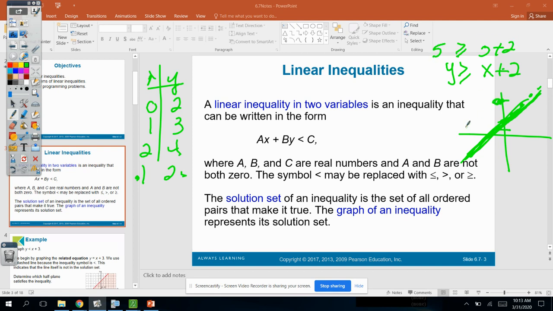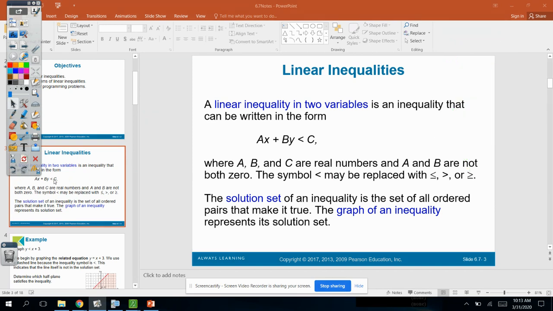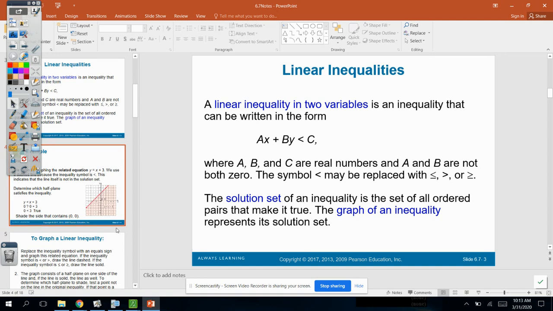So this is part of the answer, and this is part of the answer, and all of these are part of the answer. So we get a solution set called a half plane, because there's infinitely many answers up here that make it true as well. Now, there's answers down here that make it not true, but we're only looking for the solution set. So basically, inequalities have more answers than lines, and you will do some shading to show what those answers are.